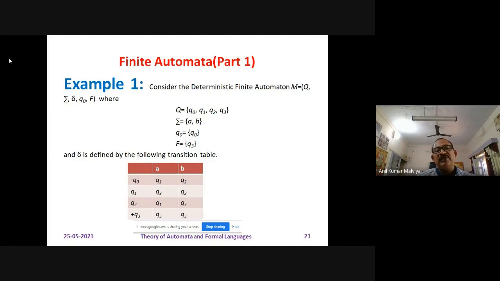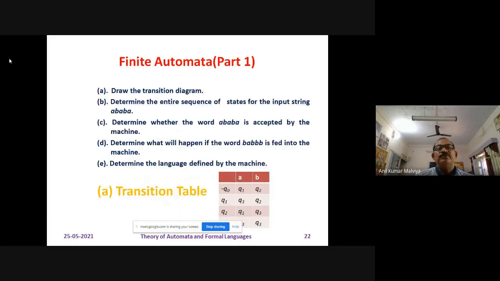The transition table is given. Now, the problem is, first, draw the transition diagram. Second, determine the entire sequence of states when the input string A, B, A, B, A is given to the machine, and determine whether the word A, B, A, B, A is accepted by the machine. Next, determine what will happen if this word is fed into the machine. And next, determine the language defined by the machine. Okay.